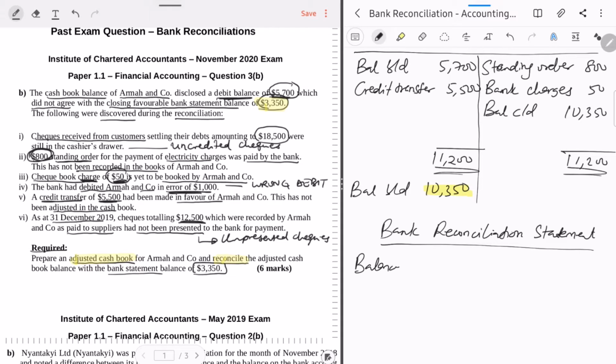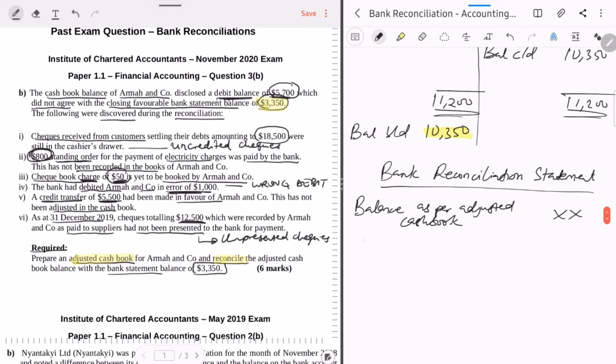You take your balance as per adjusted cash book, right? You add unpresented checks, right? So you can have two columns, US dollar here, US dollar here. Then you add wrong credits.